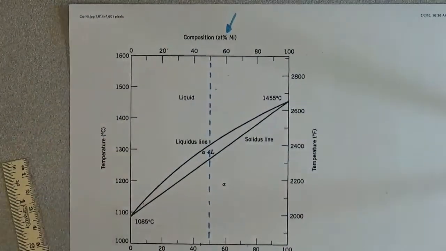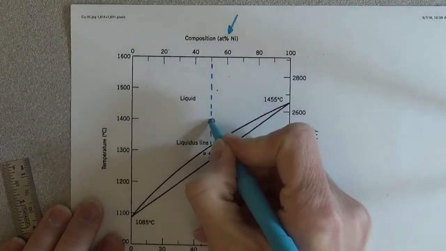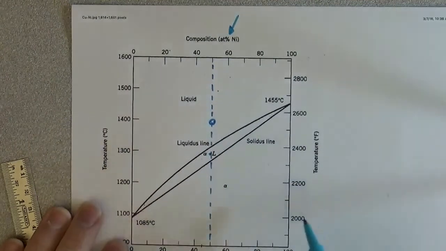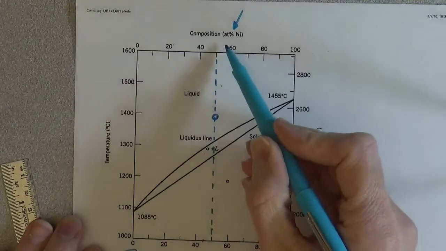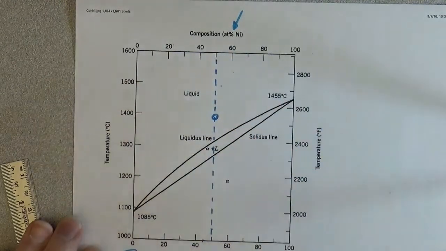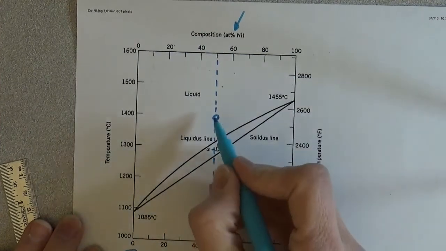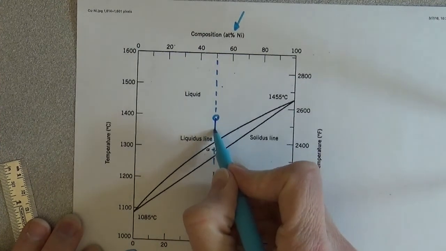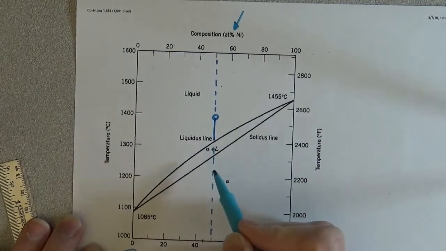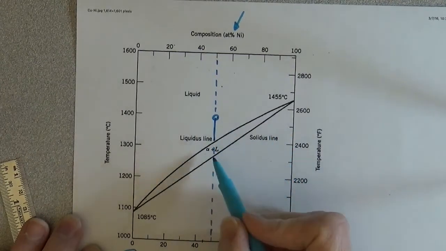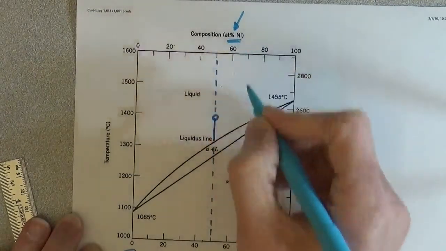Okay, so let's say we're starting out in the liquid region, somewhere here, and at that point we have 100% liquid, and the composition is 50 atomic percent nickel. If we then cool down, just before we cross the liquidus, we're still 100% liquid, and we have that composition of 50 atomic percent nickel.